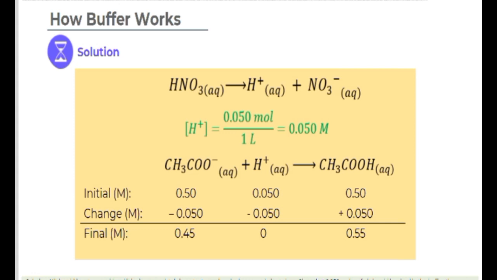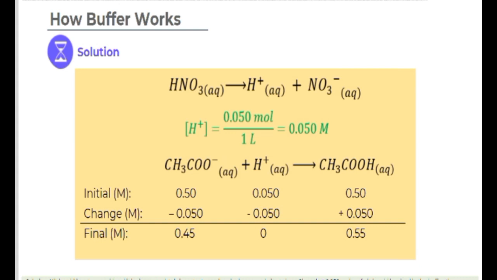Nitric acid is a strong acid and it ionizes completely in water to produce hydrogen and nitrate ions. Given that 0.050 moles of nitric acid is mixed in the buffer, the same amount of hydrogen ion is released.